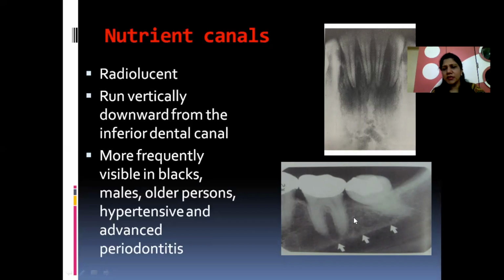Here also you can see the vertical lines. Now they are more prominent in the anterior region where the bone is very thin. Again, they are more frequently visible in blacks, male patients, older patients, and in entities like hypertensive patients and advanced periodontitis, where the nutrient canals are prominently seen.